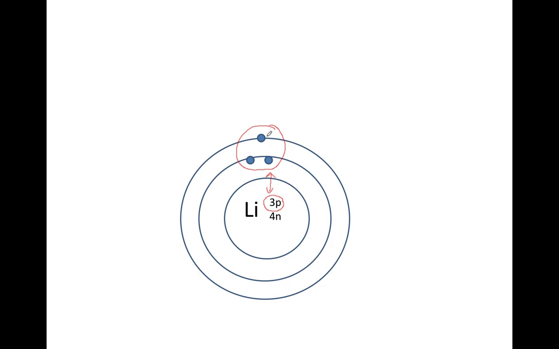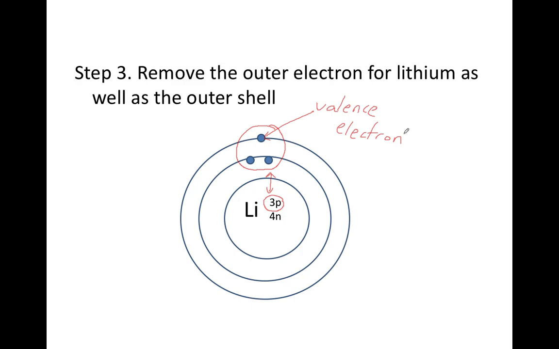But this outer electron, the valence electron, is very hard to hold on to because it's so far away. So what the atom wants to do is lose that electron and give it away so that it doesn't have to deal with it anymore.